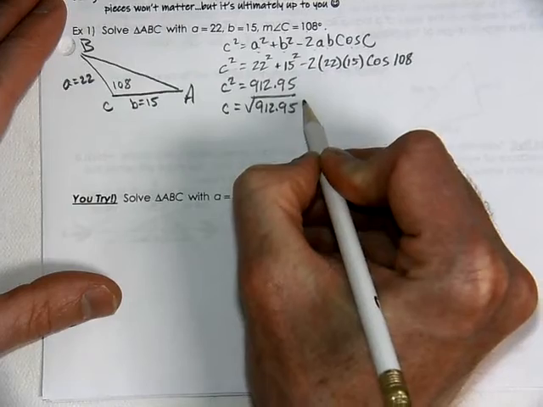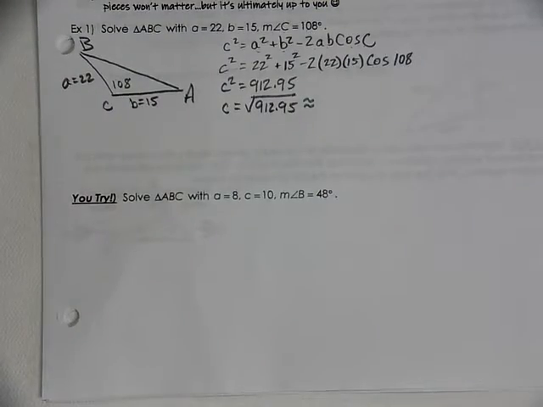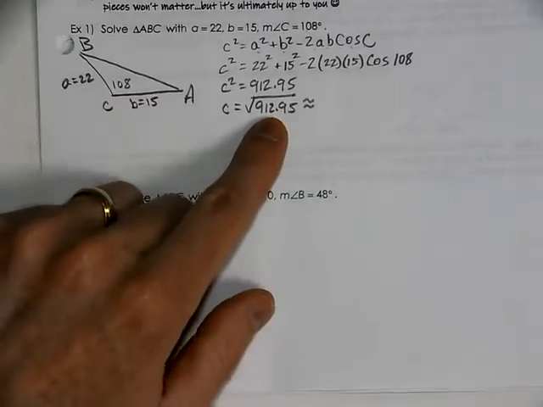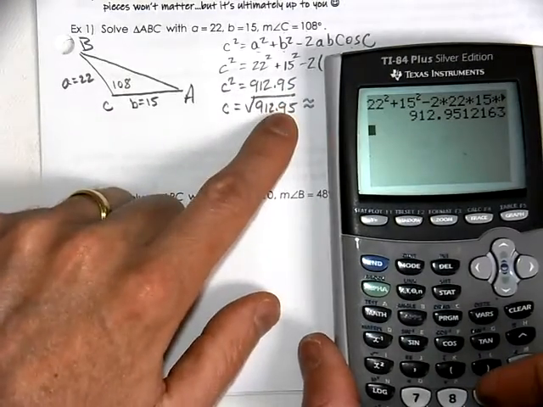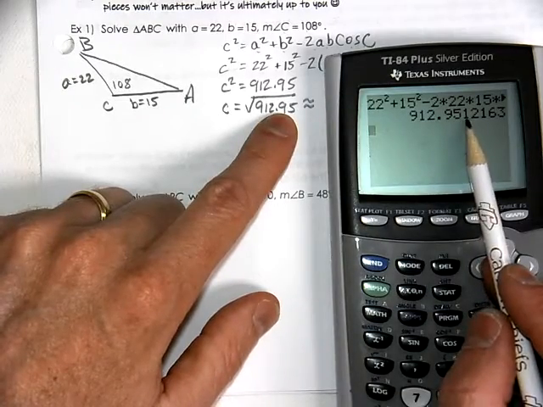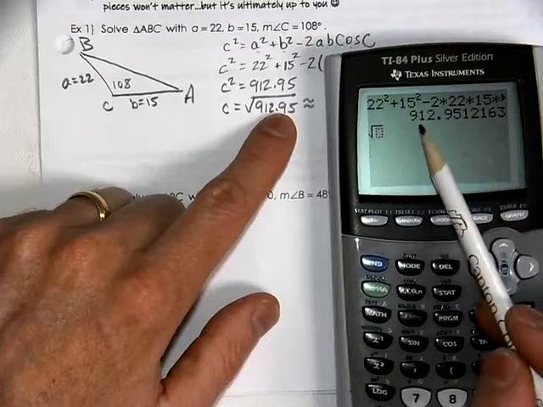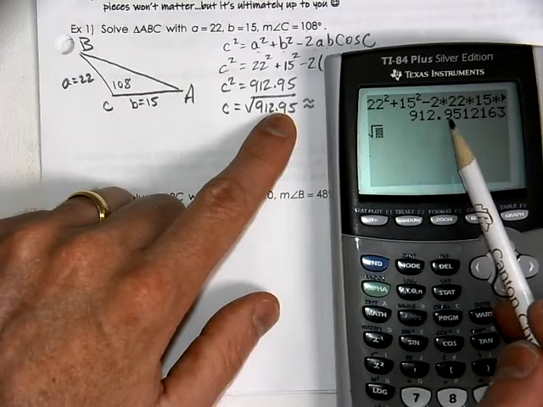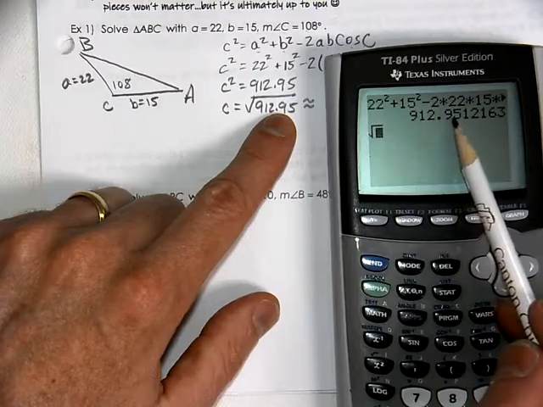Are we allowed to do decimals? When we're calculating this, it is our rounded number to 2 decimal spots. But when we take the square root, we're definitely not going to type in 913, not even 912.95.